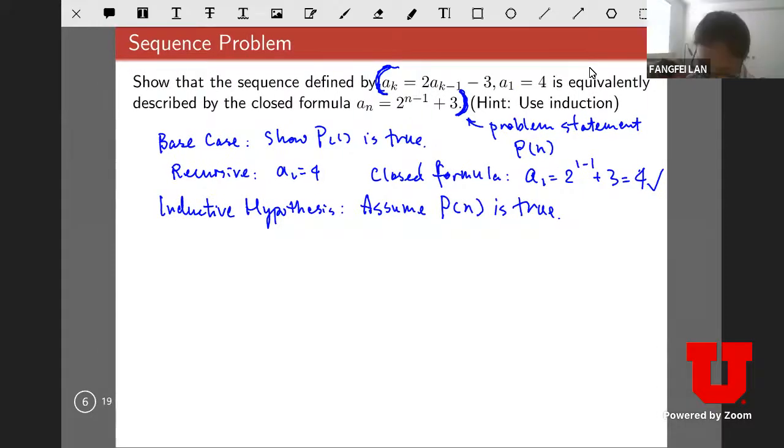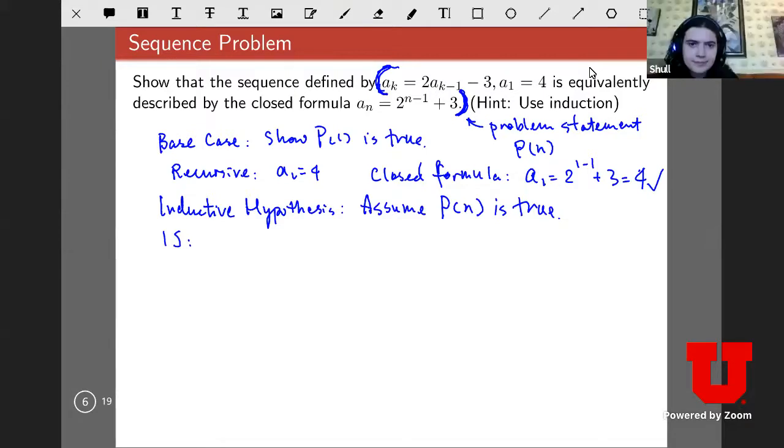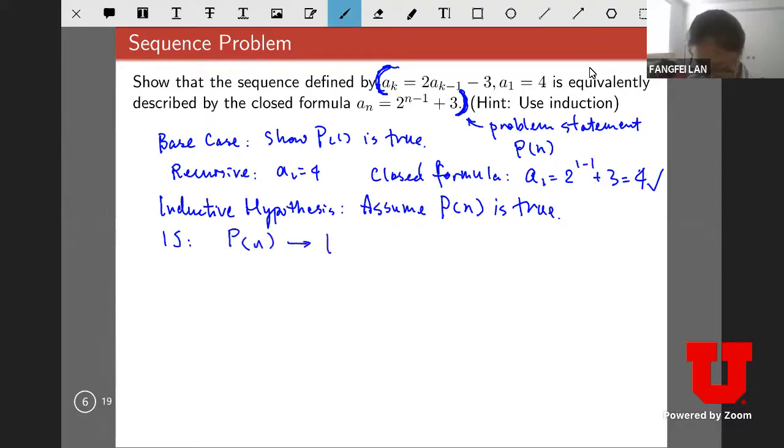Okay, so assume P(n) is true, and then the inductive step is what? So basically you want to prove that P(n+1) is true? Yep, use P(n) to prove that P(n+1) is true.